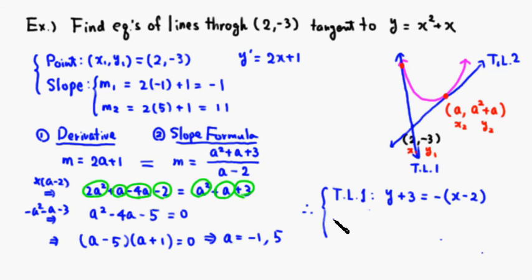And tangent line number 2 would be y minus negative 3 equals the other slope, 11, times x minus 2. So those are the equations of the two tangent lines passing through the point (2, -3) and tangent to the given parabola y equals x squared plus x. That's it. I hope that this was clear.